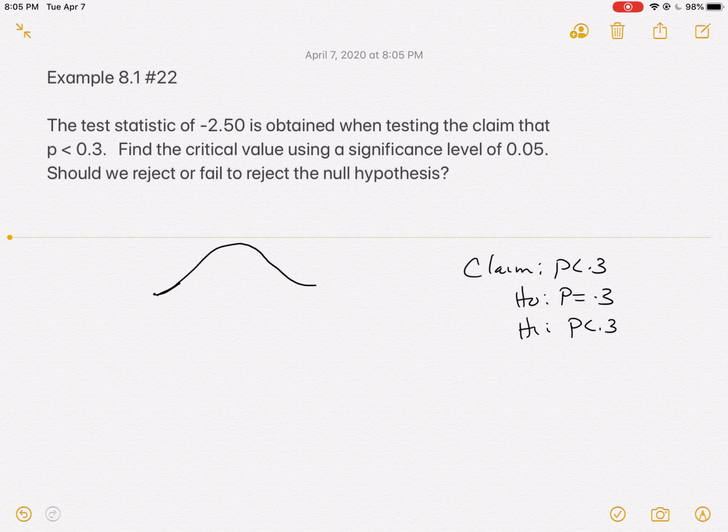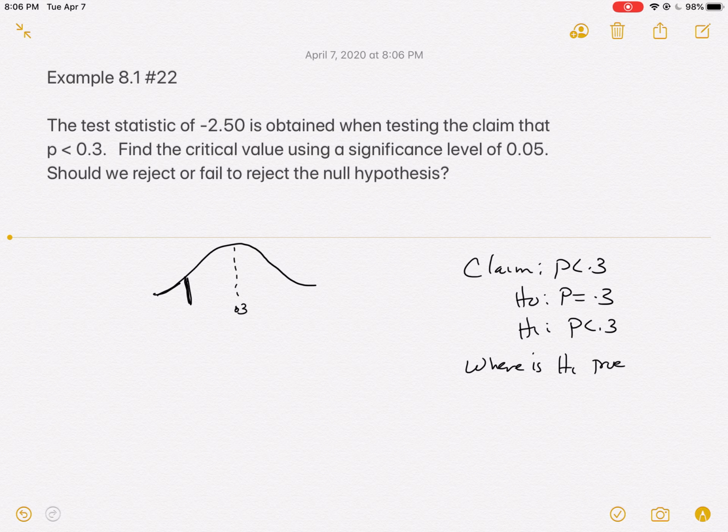So if you remember, our region where we're going to have our critical value is going to be in a region where the alternate hypothesis is true. So the question really is, where is H1 true? Picture the null hypothesis value as being right here in the middle, 0.3.